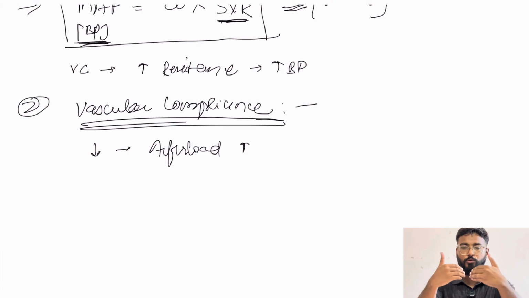When this blood goes forward to the next column of your blood vessel, so from here it goes to here, the length of blood vessel ahead of that column is going to perform the same thing. It has to accommodate the blood that was pumped by that portion of the aorta. So that is again going to stretch, and again going to compress. This stretching and compression moves forward in an orderly fashion.